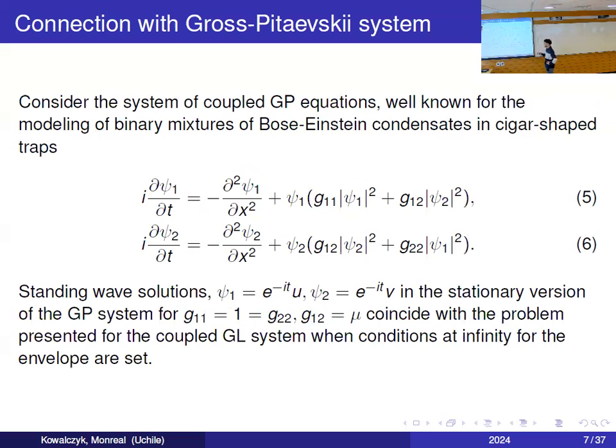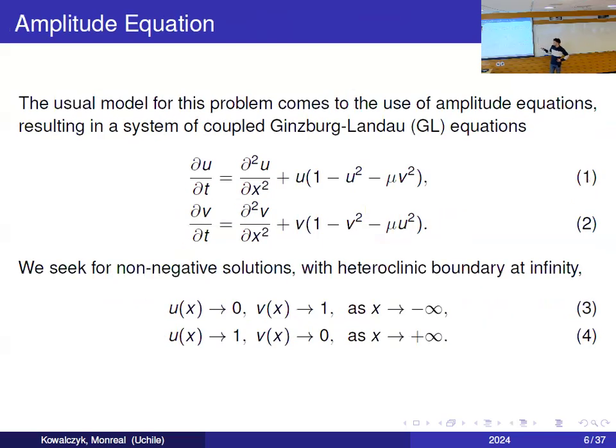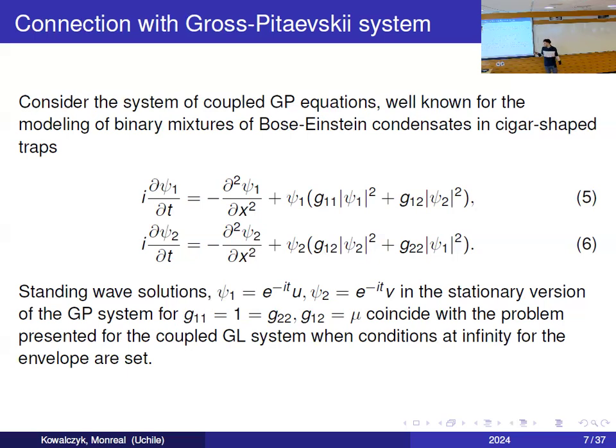If we consider the standing wave solutions, which are these, with these constants in this equation, we are going to get again the previous equation, like this Ginzburg-Landau equation. And if we set the conditions at infinity, we get back to our previous problem. And if we consider the stationary version, we get system.